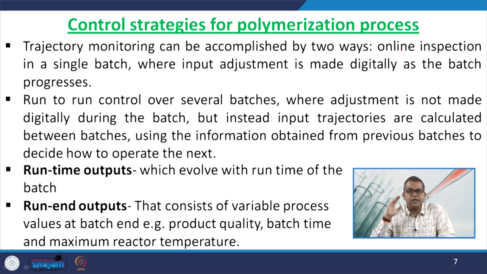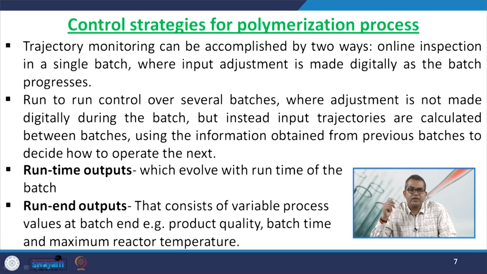Second is run-to-run control over several batches, where the adjustment is not made digitally during the batch, but instead the input trajectories are calculated between the batches, using the information obtained from previous batches to decide how to operate the next one. So, these two trajectories are important.